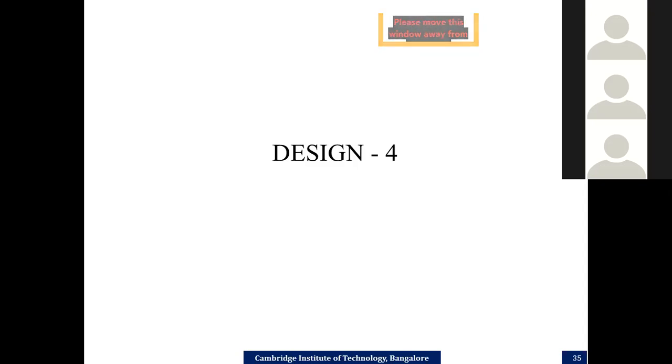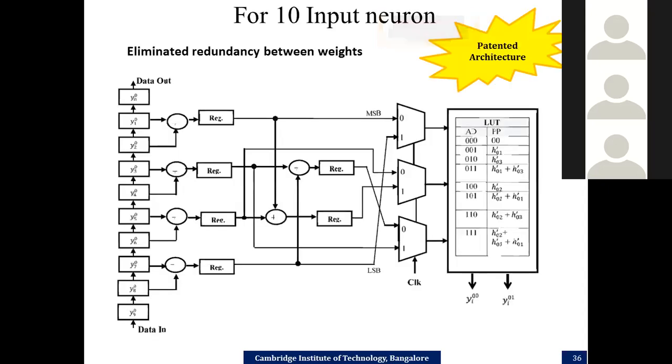Since we have a shortage of time, we have another design that has been done here. In this architecture, we have identified common factors within the weights of the neurons, and we have eliminated the redundancy within the weights, and then we are using one LUT to compute two outputs.